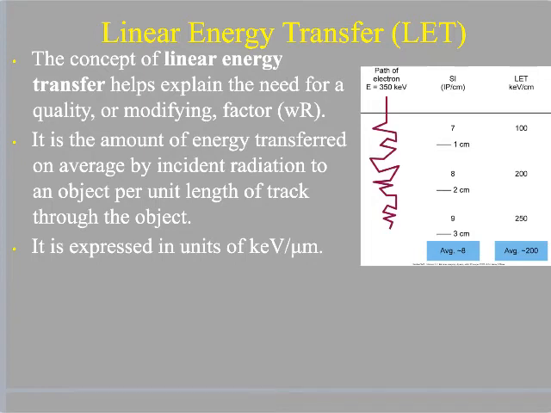So that alpha particle, in this way of thinking about things, has a high LET. It gives off a lot of energy as it's traveling across the surface. That's what that linear energy transfer means. As it's traveling, it gives off a whole lot of ionizations, right?